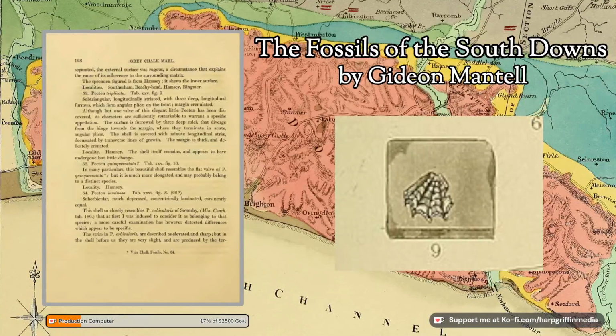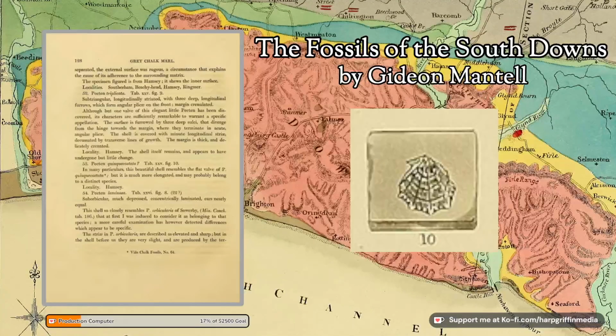The surface is furrowed by 3 deep sulci that diverge from the hinge towards the margin, where they terminate in acute angular placeae. The shell is covered with minute longitudinal striae, decussated by transverse lines of growth. The margin is thick and delicately crenated. Locality: Hamsey. The shell itself remains and appears to have undergone but little change.